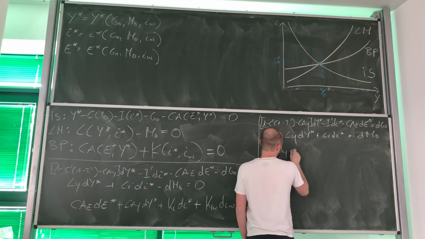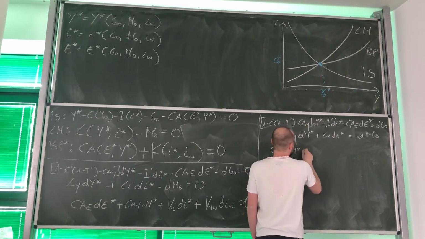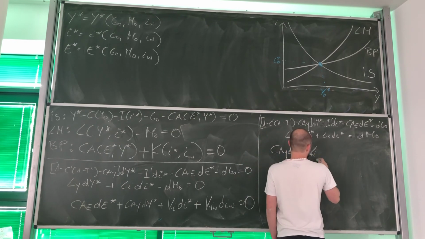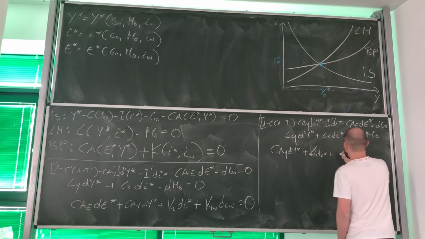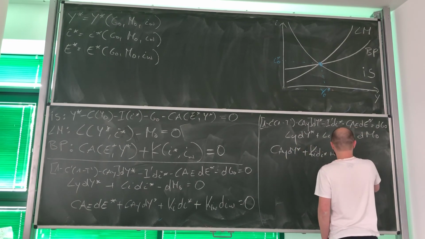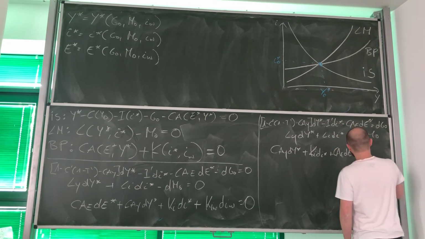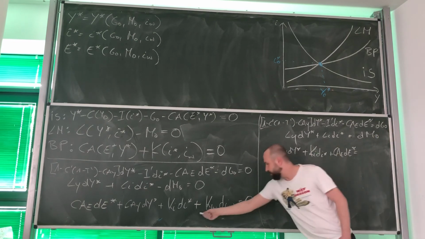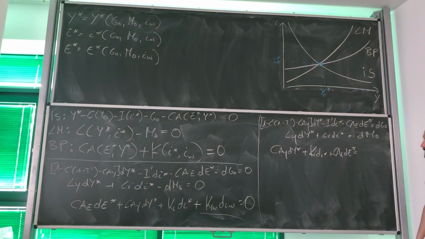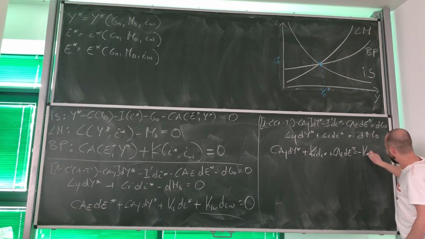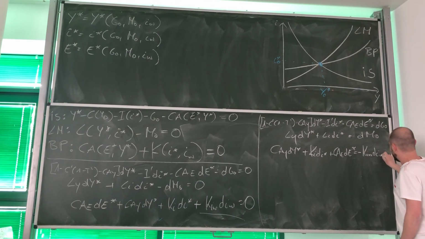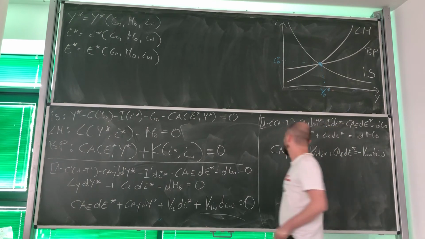So we've got CAY dy plus KI dI plus CAE dE, and this is equal to, this is our only exogenous variable in the BP equation, so we put it in with minus, so negative KIW dIw.